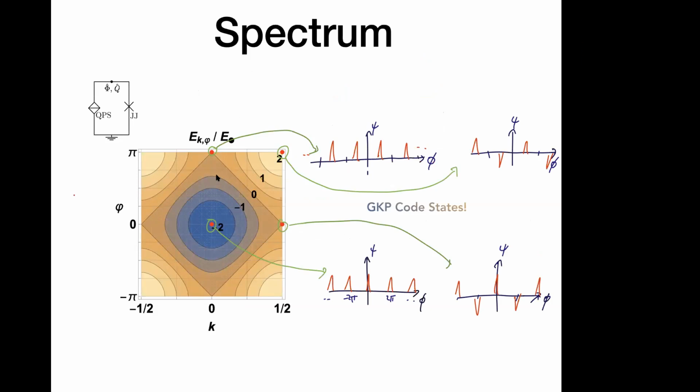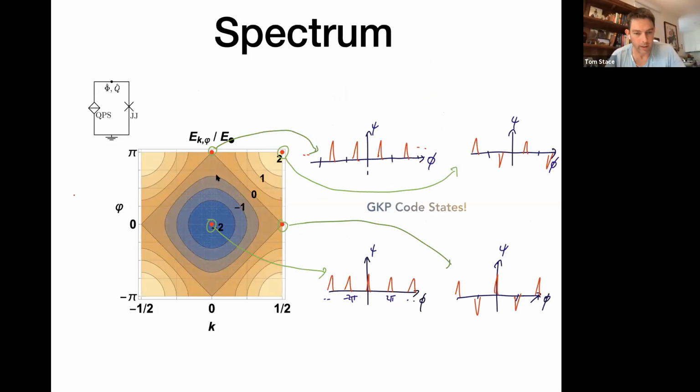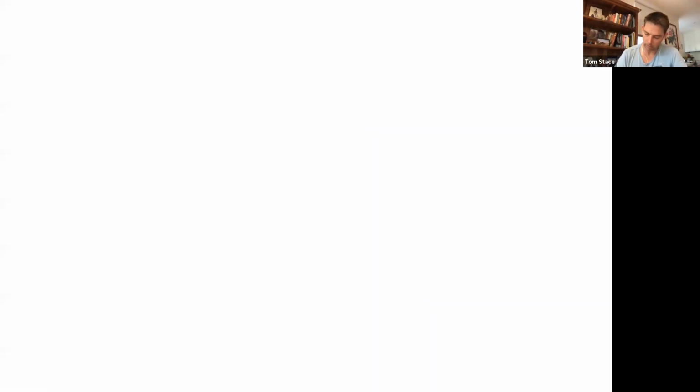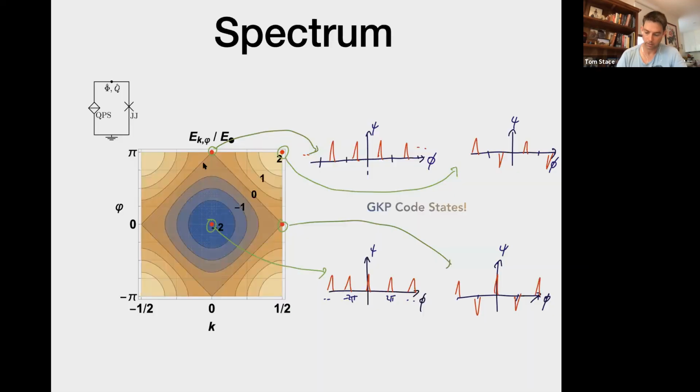So the spectrum, I'm just reiterating here, it's this egg cup shaped thing with a minimum at the center and a maximum at the corner. And in this picture, remember that there's a periodicity. That is, this point up here and this point down here are the same, correspond to the same quantum state.